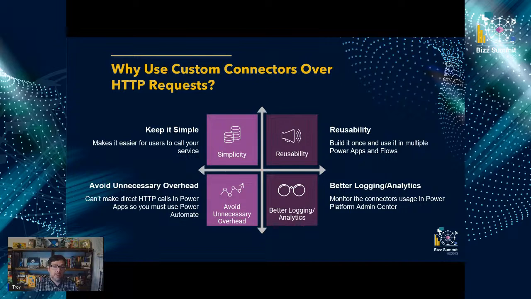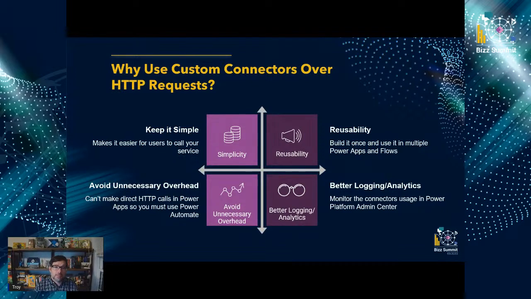You can certainly make definitions and determine which parameters are important, and there's a lot of things you can set up in the custom connector that allow for a lot of reusability. It avoids overhead. In Power Apps itself, you can't make direct HTTP calls, but you can make actions for custom connectors.